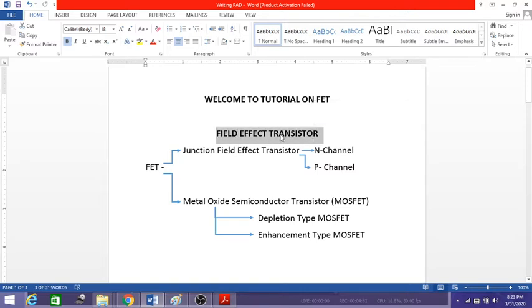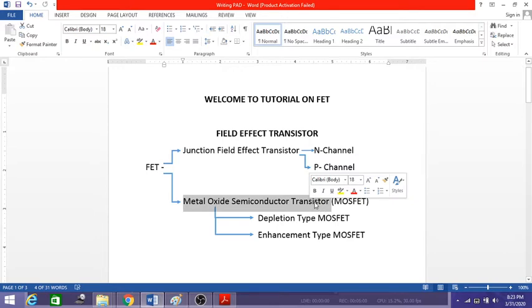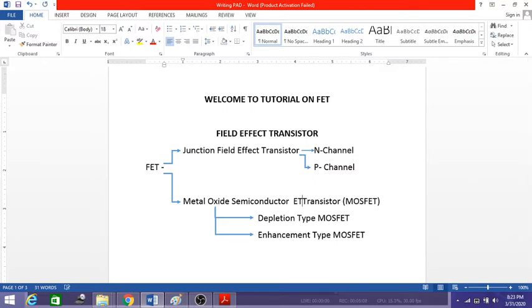FET means field effect transistor, and there are two categories of field effect transistor, that is junction field effect transistor and metal oxide semiconductor field effect transistors, or in short MOSFETs. The junction field effect transistor in turn has two types, N channel and P channel JFET.